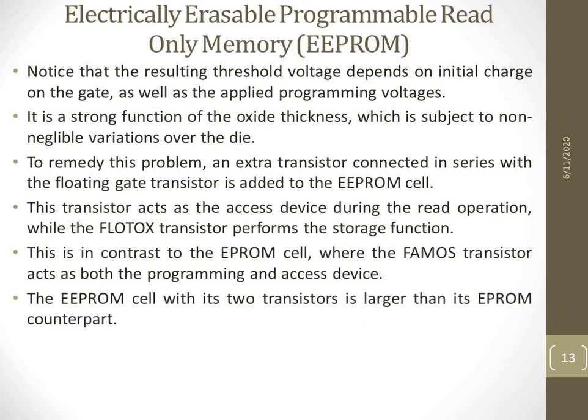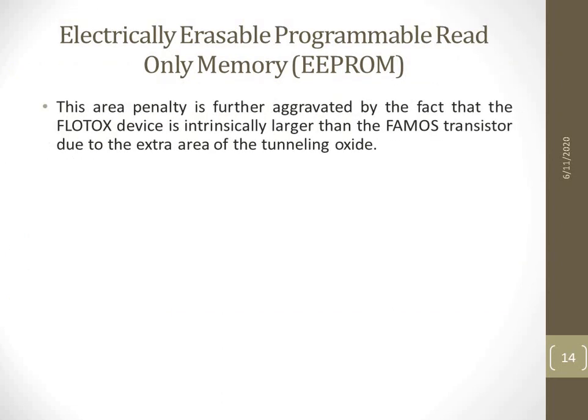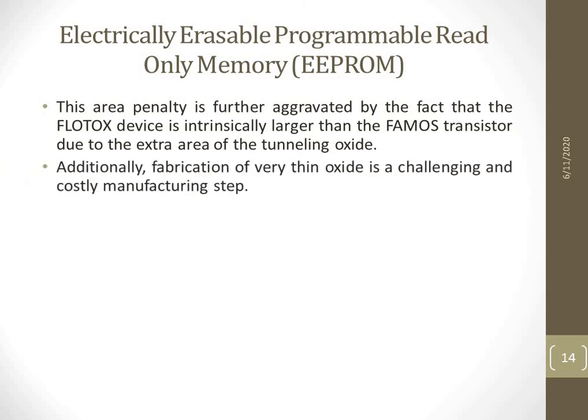The EEPROM cell with its two transistors is larger than its EPROM counterpart. This area penalty is further aggravated by the fact that the FLOTOX device is intrinsically larger than the FAMOS transistor due to the extra area of the tunneling oxide.